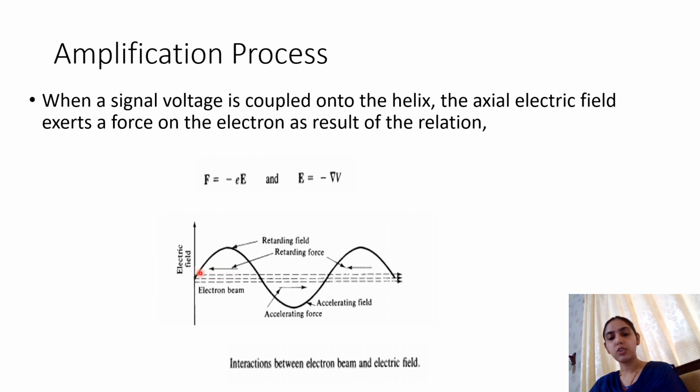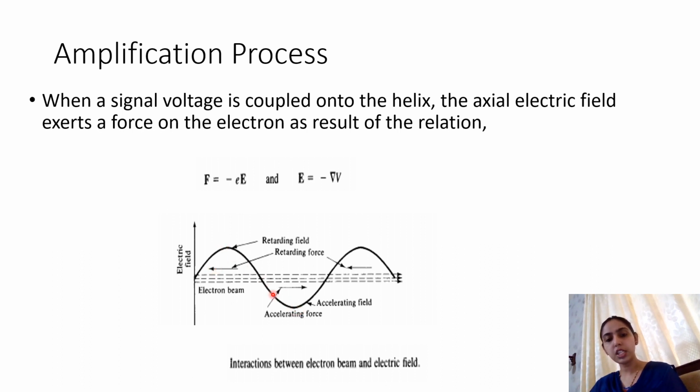Now those electrons which are entering here at the retarding field, here the retarding field is indicating that the signal is going from positive to negative. So during this half cycle it is indicating a retarding field and at this point electrons are going to suffer a retarding force. The retarding force direction is shown as such.